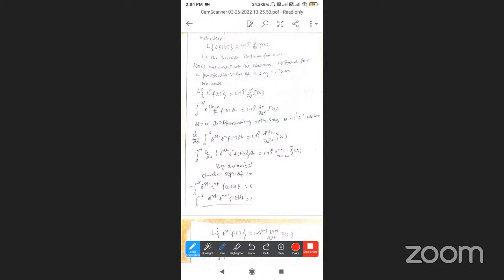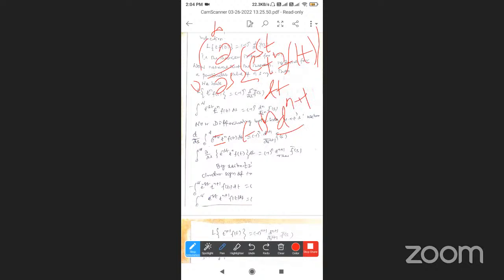By Leibniz, the left hand side is the integral from 0 to infinity of dou by dou s of e power of minus st into t power of n into f of t dt.